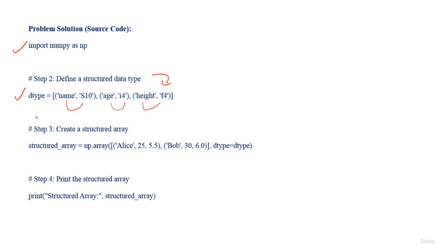These are the data types, for example, in key and value form. Also there is a key, the name, then 25 as the age, and this is the height. You can see name, age, and height. So this is a structure-based array.